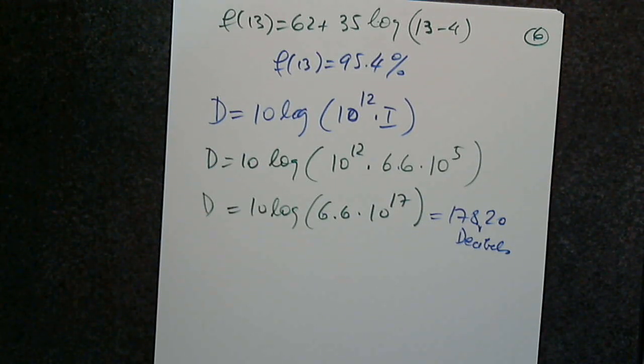And now it's decibels because it's D. I is the intensity. Okay, so it was 178. That's one dangerous animal. I have no idea what type of animal, but pretty intense.